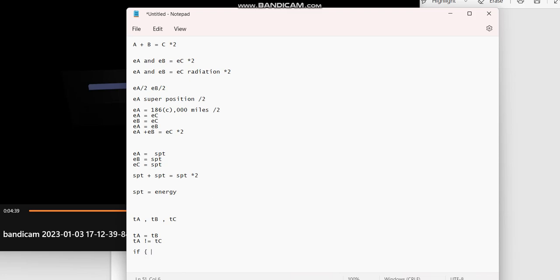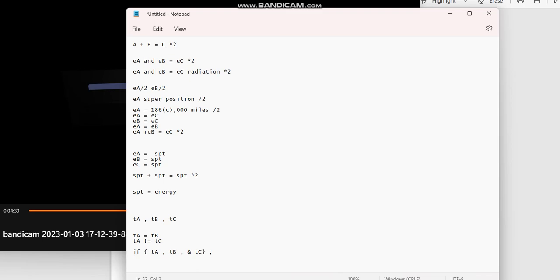So if TA is entangled with, I'm going to use brackets, TA, TB, and TC, then, well, fair enough.